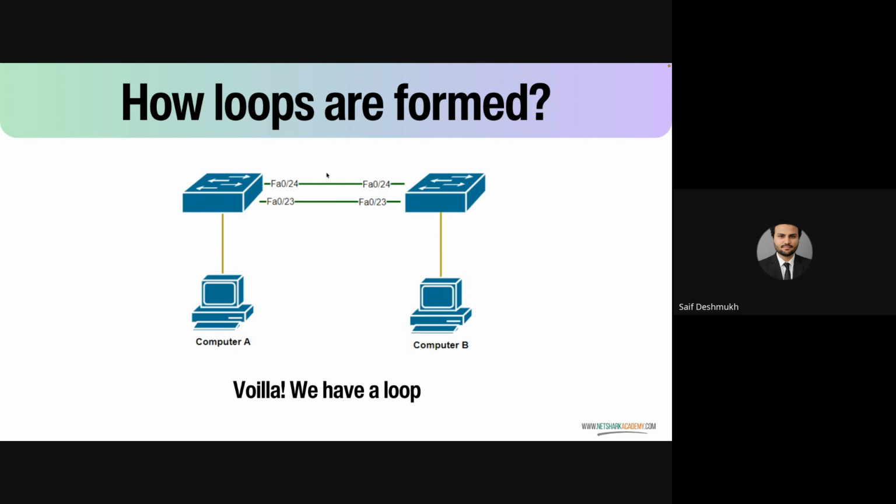When PC A sends, let's suppose, an ARP request, switch A will forward this broadcast to all the other interfaces except this one. We are looking at switch B now. Switch B has received this frame on this side. Except for this source interface, it will send it out the other interfaces, but also this interface as well. So this frame basically came back to switch A.